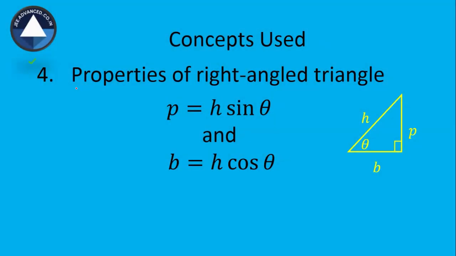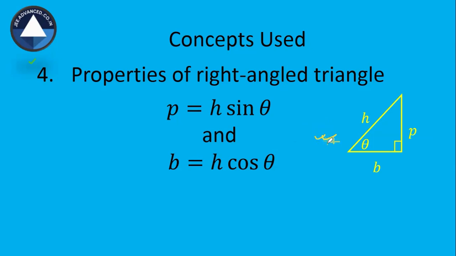The fourth concept is very, very elementary in nature. In this concept, we are going to just take a review of the right angle triangle. In fact, every student knows about this, but the application is just the opposite. Generally, a student remembers that sin theta = p/h and cos theta = b/h.